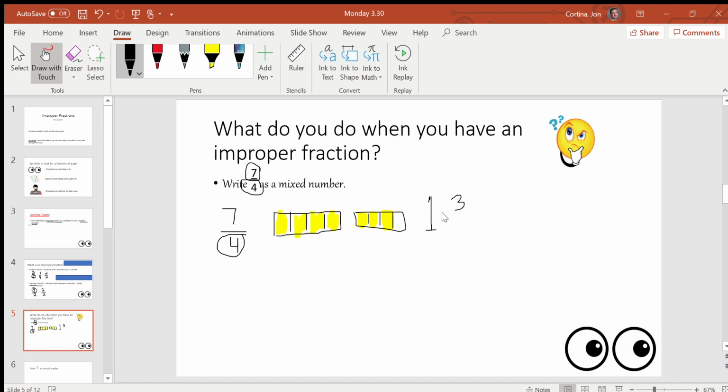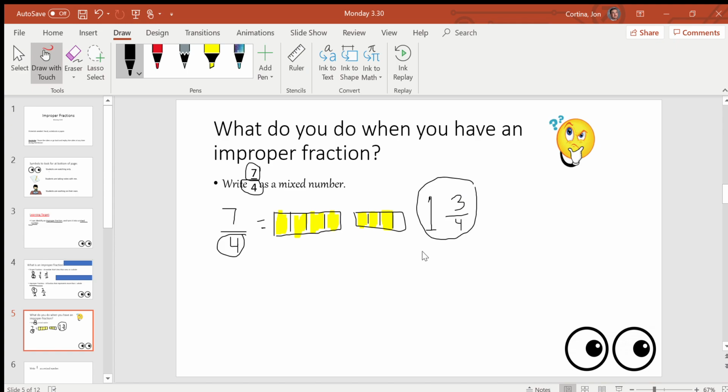So we're going to write that as our fraction because it's not a whole number yet. So we turned this improper fraction into tape diagrams, and we found out that there's one whole and then 3 fourths left over. So our mixed number is 1 and 3 fourths. It has a whole number and a fraction.